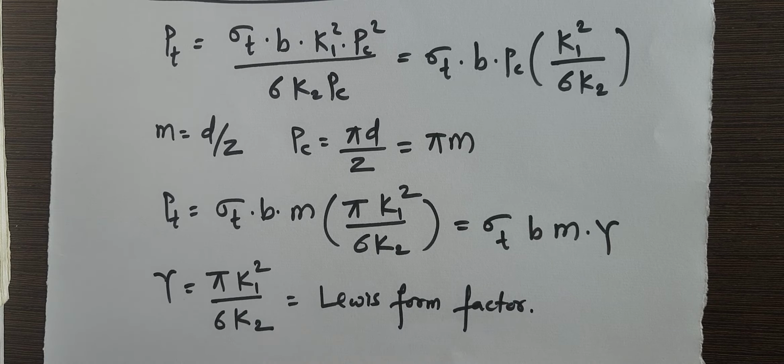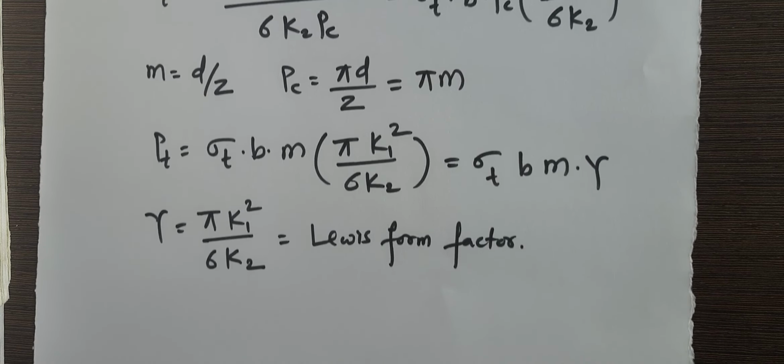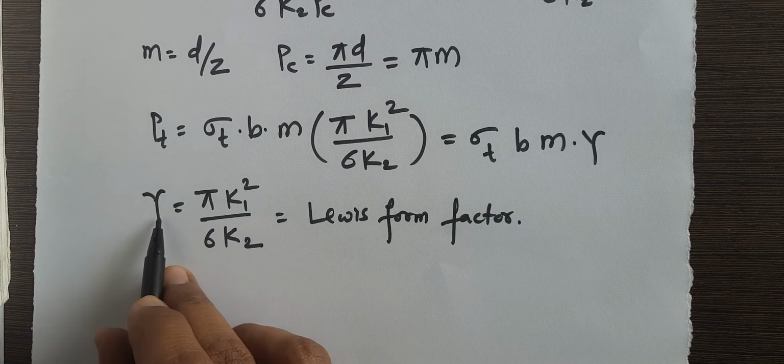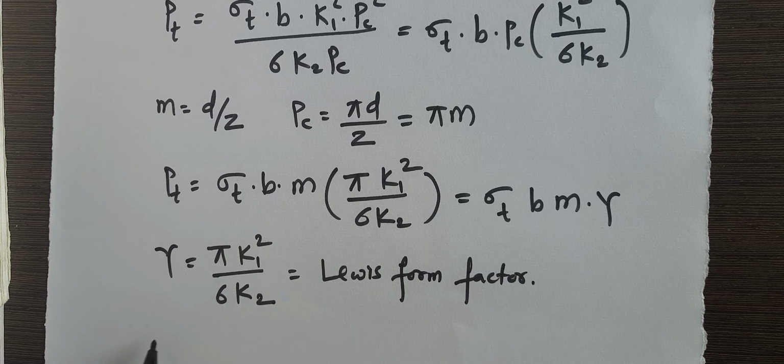But here K1 and K2 are unknown, that you cannot find easily. So Lewis has suggested some formulas of Y which depend on the number of teeth. That I will share with you later.